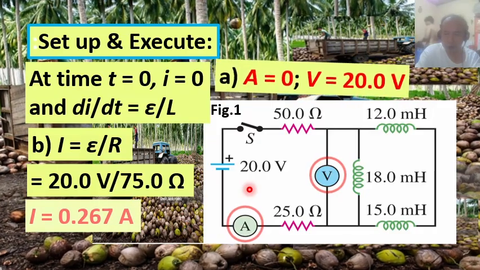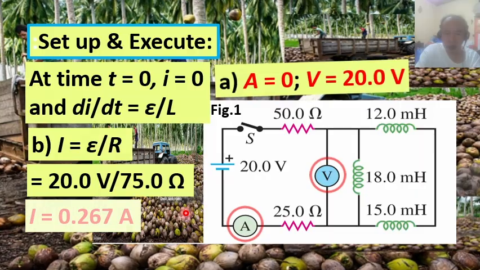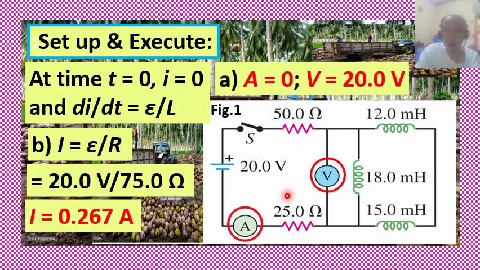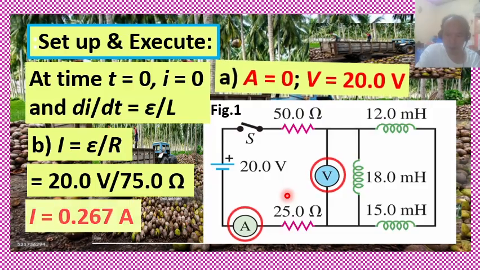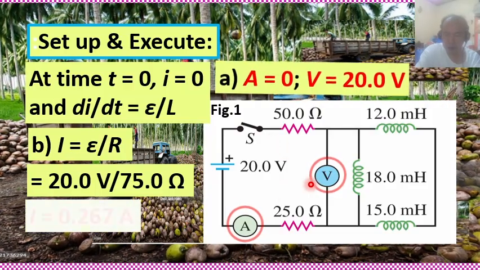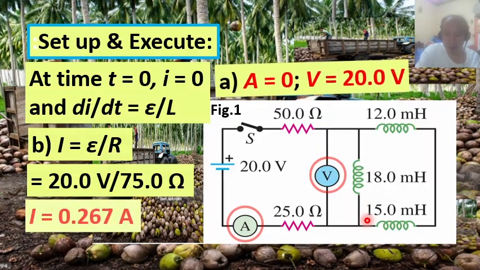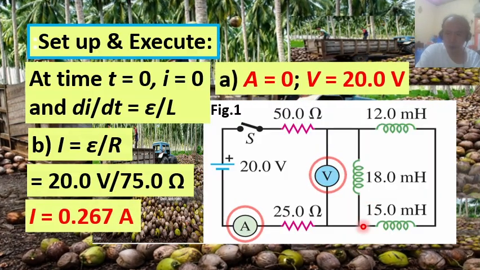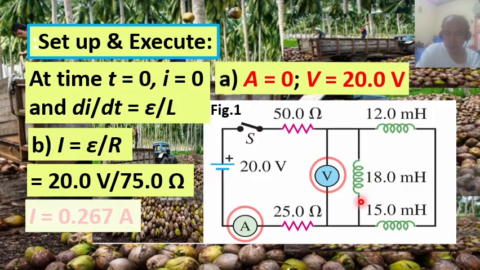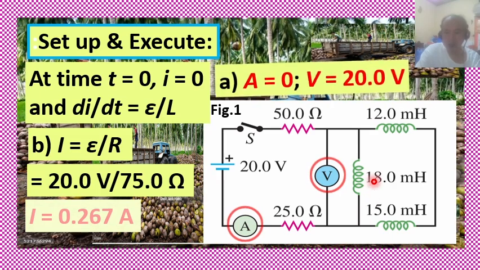Now, what about the voltmeter reading? Since long after the switch has been closed, there is no more change of the current because the current becomes constant. And the inductors can only induce an EMF if there is a change in the current.